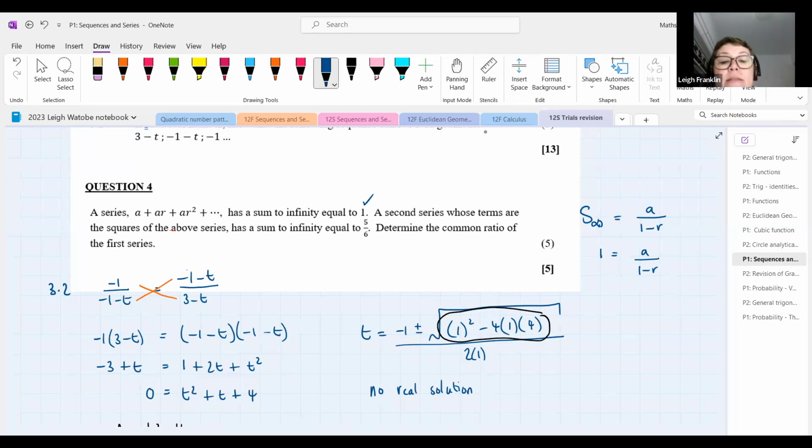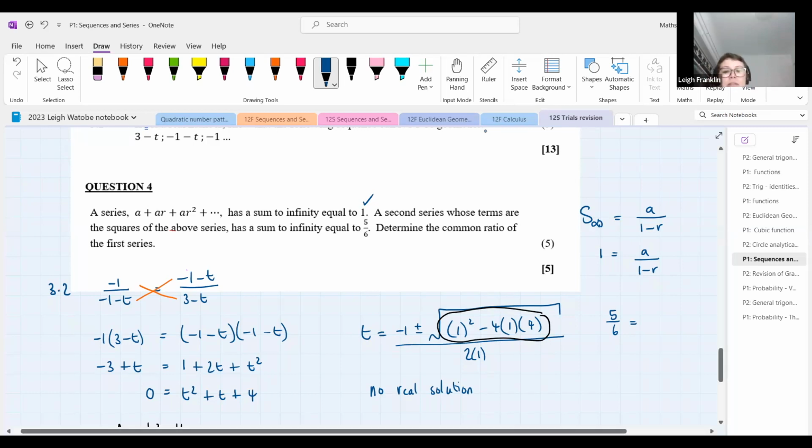Okay. A second series whose terms are the squares of the above series has a sum to infinity equal to 5 over 6. So now we've got a second series where the sum to infinity is equal to 5 over 6. But they've told us that the second series terms are squares of the above series. So how would I write the first, second, and third terms of the second series? If they were squares of the first one, how would I write that second series?